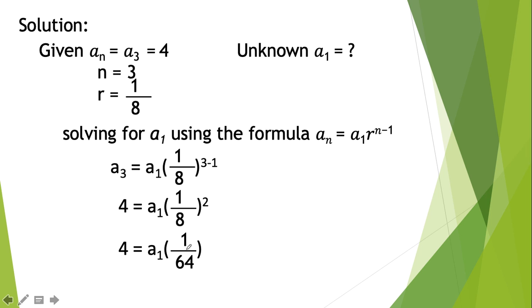Now, let's transpose 1 over 64 by multiplying both sides by its reciprocal, which is 64 over 1. This side will be cancelled, and 64 times 4 is 256. Therefore, our first term is 256.